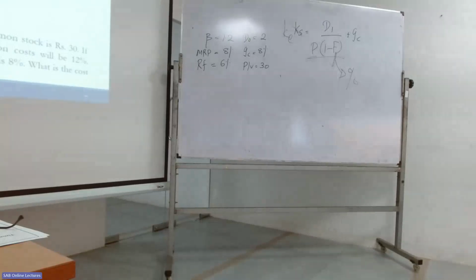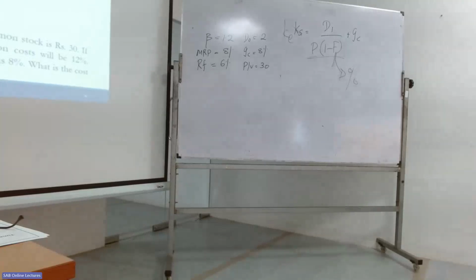Right? So normally this flotation cost is presented as a percentage, so you can adjust it to the price. Look at this example: market price of the share of common stock, same example like our earlier. Market price is 30 rupees. If additional shares are issued, there is a flotation cost of 12%.